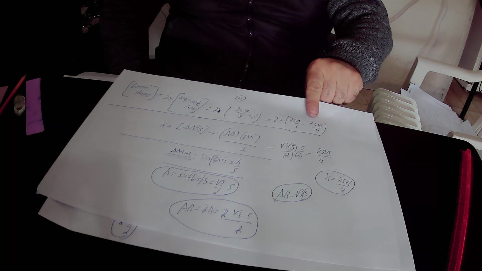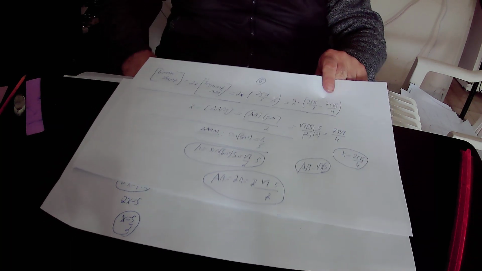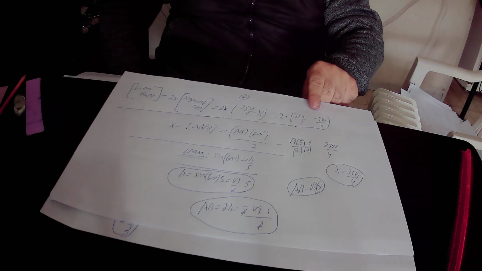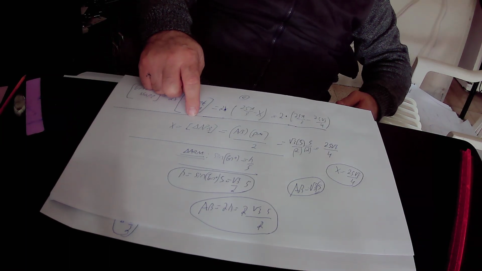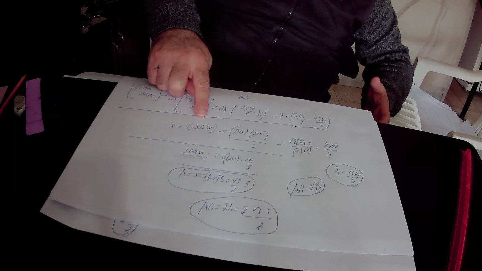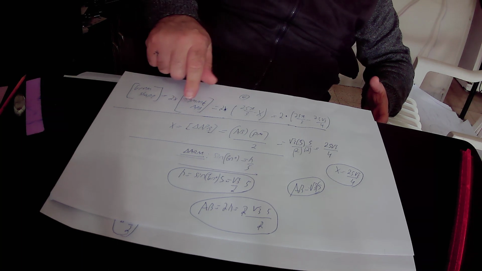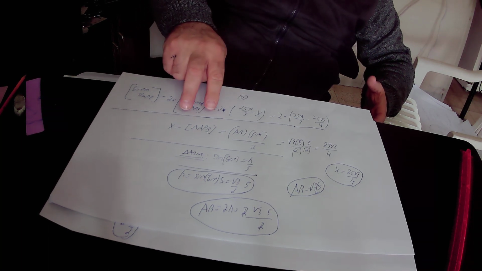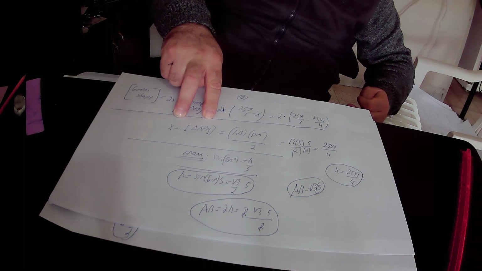And x is the area of triangle AQB, which is also equal to the area of triangle APB, because they can go into each other. Therefore, they have the same areas.